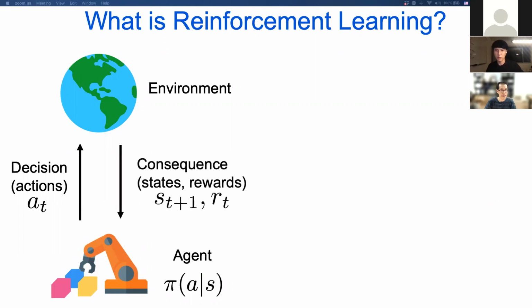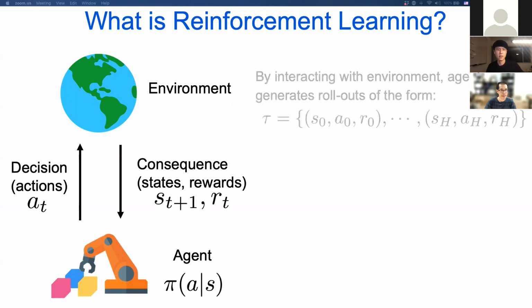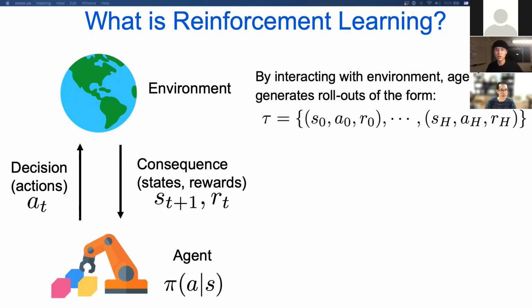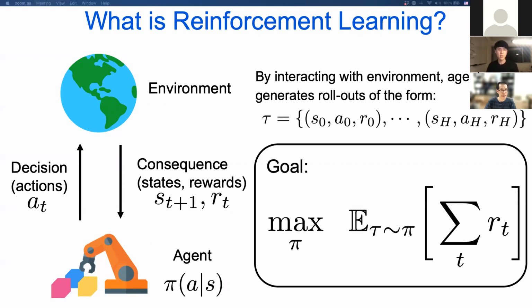As a result, the environment provides the next state and reward. Then by interacting with the environment, the agent generates a rollout, which corresponds to the sequence of state, action, and reward. And the goal of reinforcement learning is to find an optimal policy which maximizes the expected sum of the reward as shown in this equation.